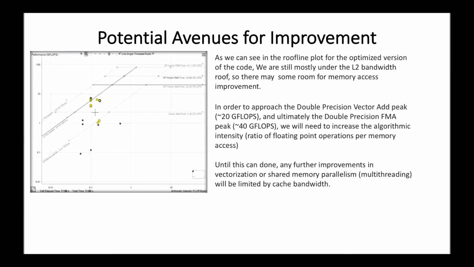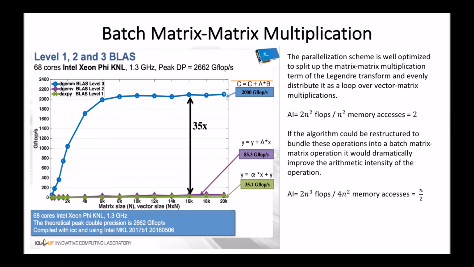So for future potential improvement, note that the parallelization scheme is well optimized to split up this matrix multiplication of the Legendre transform and evenly distribute it as vector matrix multiplications. This has an arithmetic intensity of 2.